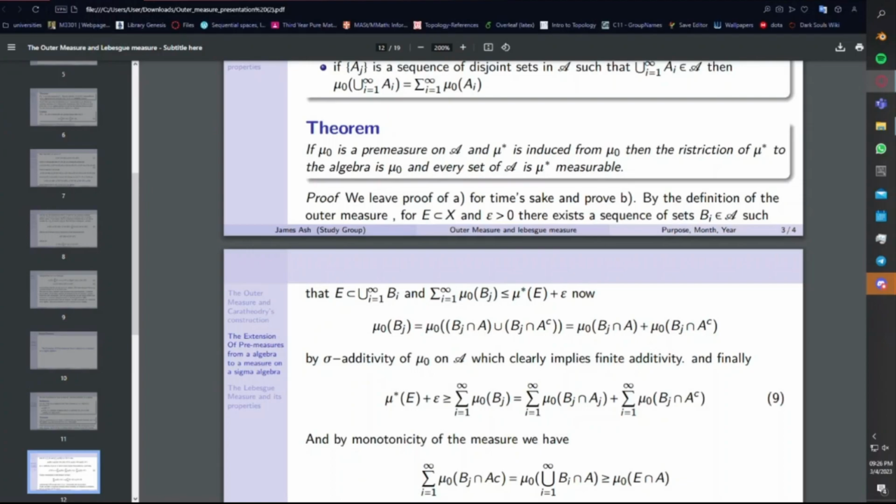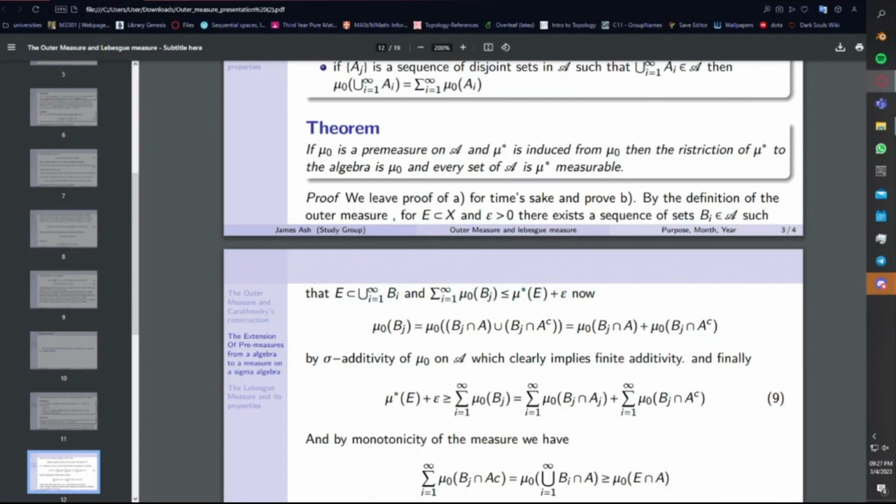Okay, so first of all, we start from the very definition of the outer measure, which is the infimum of the sum of the measures over every cover. So by definition, for every positive epsilon we can find some cover with the property that the sum of the pre-measure of these sets is less than the measure of E plus epsilon.